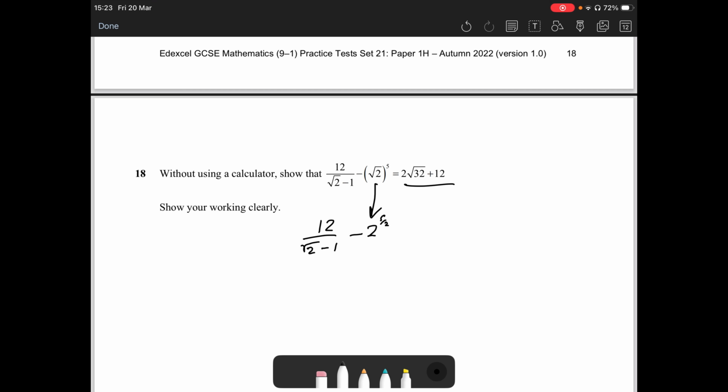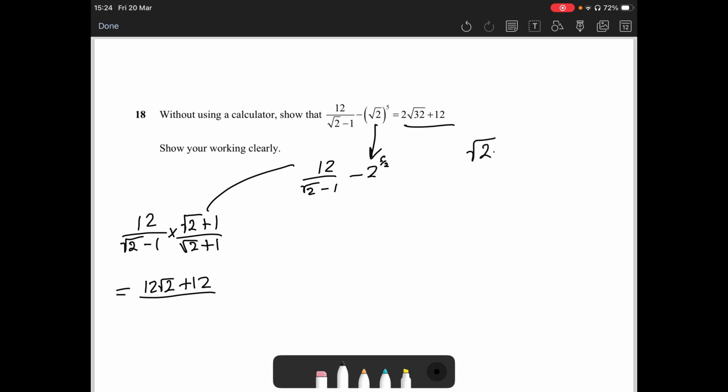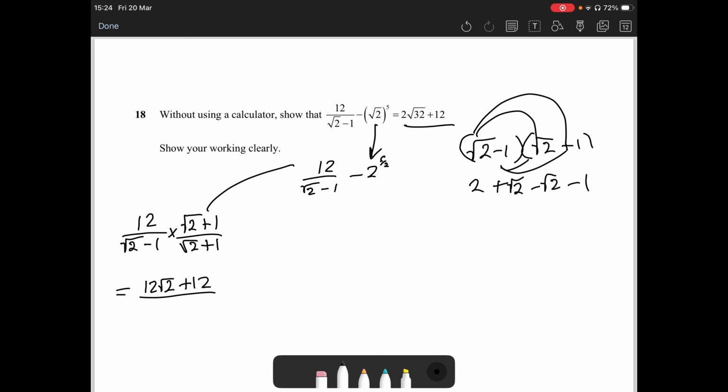Okay, how are we going to do with this? So I want to rationalize the denominator on the left. So we'll times the top and bottom by root 2 plus 1. So this is going to become 12 root 2 plus 12 over, well, if we do the double bracket, root 2 minus 1, root 2 plus 1, that times that would be 2, that times that plus root 2, that times that minus root 2, that times that minus 1.